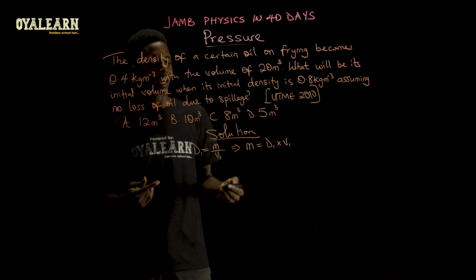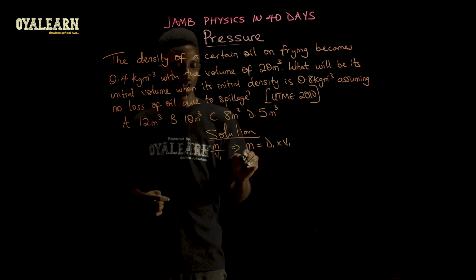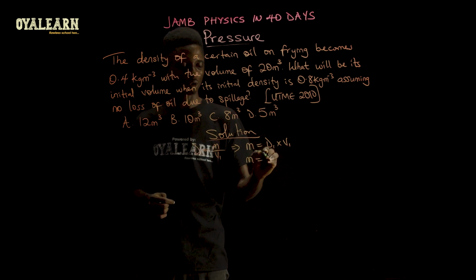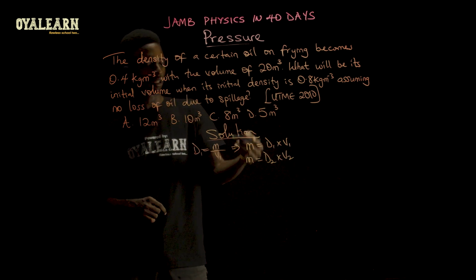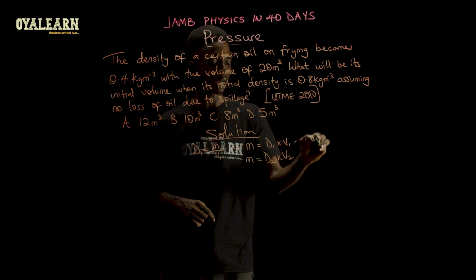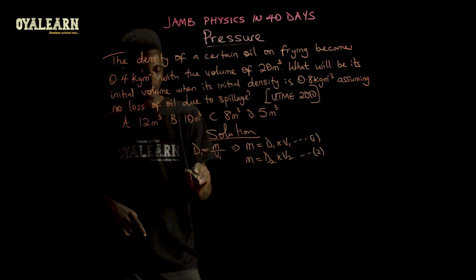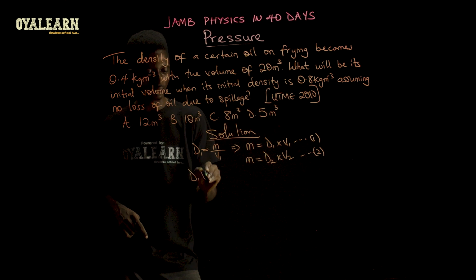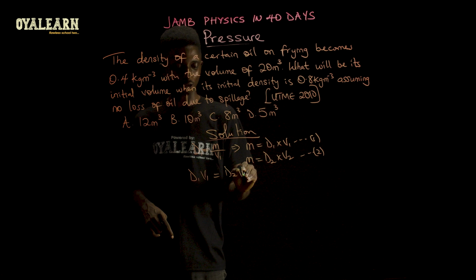And the same thing can apply to the final density and final volume. So I can say mass is also equal to D2 multiplied by V2. So if both are mass, I can equate them. So therefore, D1 V1 equals D2 multiplied by V2.